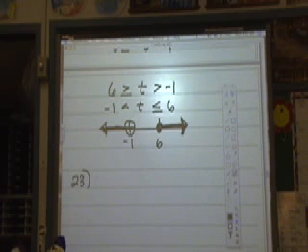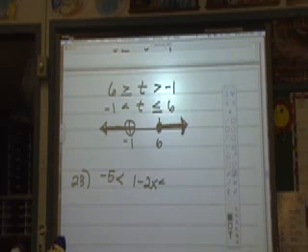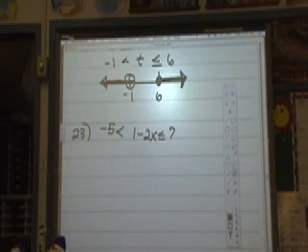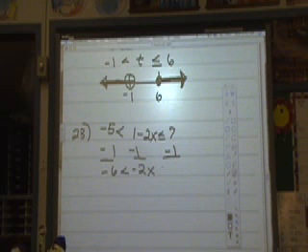23. You subtract 1 from all sides. And you have -6 is less than -2x is less than or equal to 6.